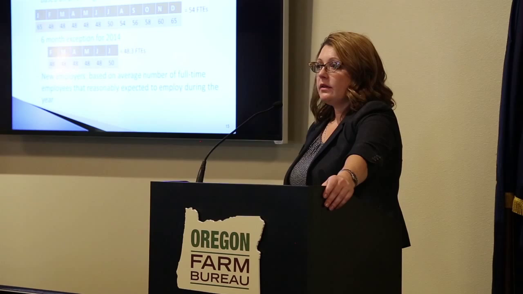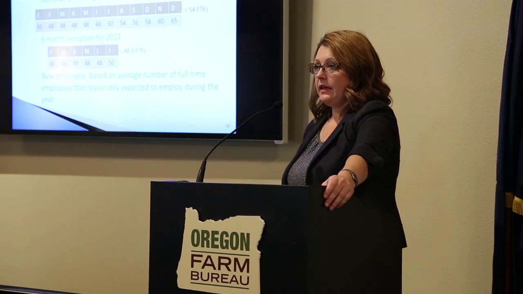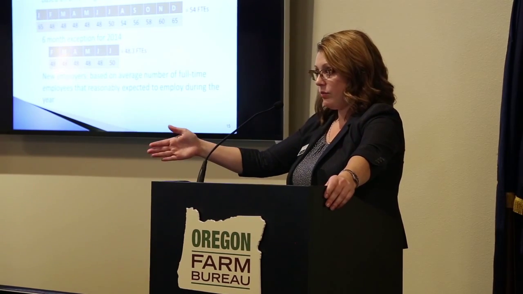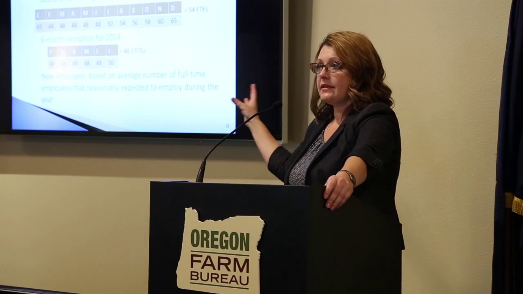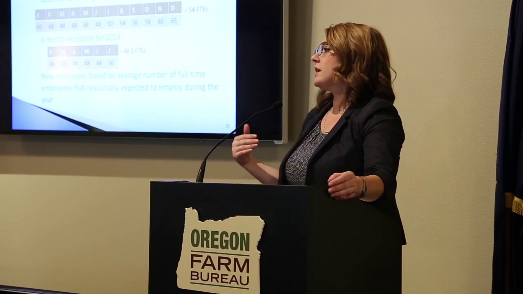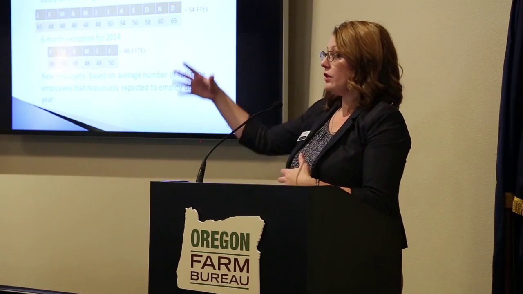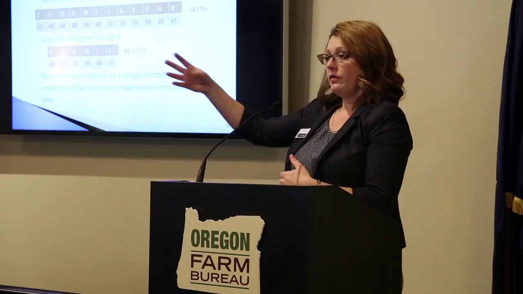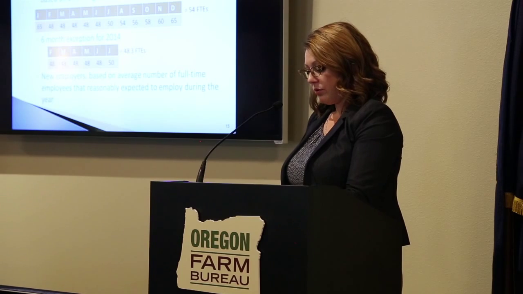Of course, now that we're in 2015 and people are looking ahead to their snapshot on 1/1/16, we don't have this 6-month exception anymore. And so a lot of times, even though they were a small employer this year, next year they'll be considered a large employer.